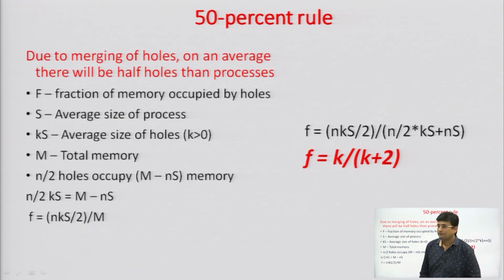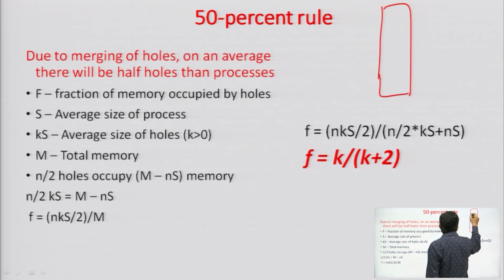For example, here is the memory scheme where there are some processes and some holes. Let us say this is a process and this is a hole. This is a process and this is a hole. This is a process and this is a hole. Let us say we number these processes as P1, P2, P3.